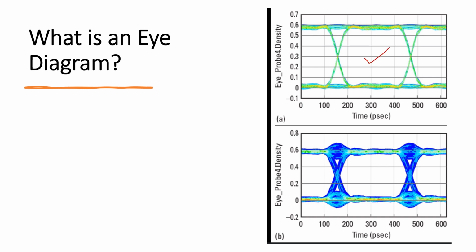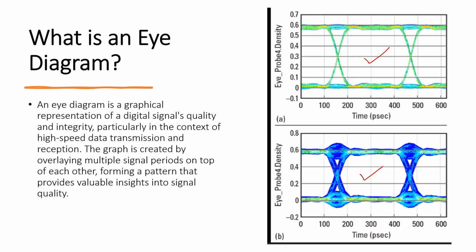One is a completely open eye and the second one has some sort of issues with respect to signal integrity. The shape and openness of the eye tells us a lot about how good our signal is. If the eye is wide open and clear, that's a good sign for signal integrity. But if it's messy and closed, we have to focus on our time domain analysis when it comes to signal integrity analysis.